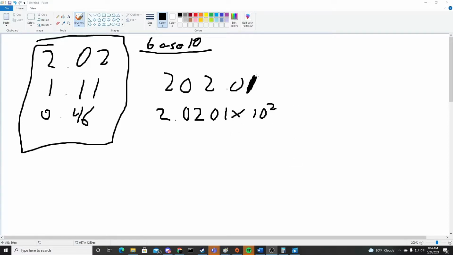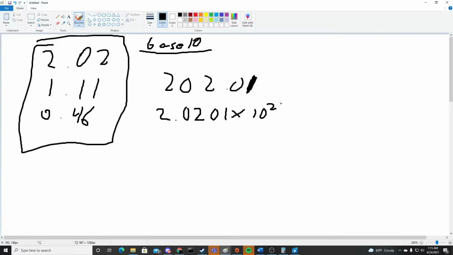Now, I'm sure many of you have worked with scientific notation before, but basically how it works is, if you look at this exponent on the right side of the times sign, and we'll talk about the names of these two parts in a second, if it's a positive number, you would move the point that many places to the right.